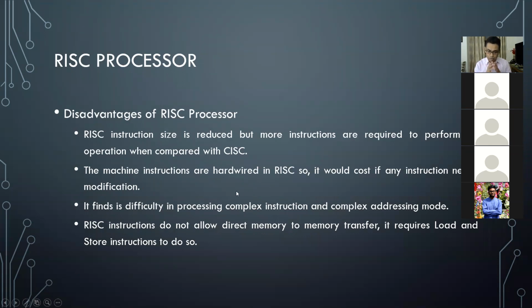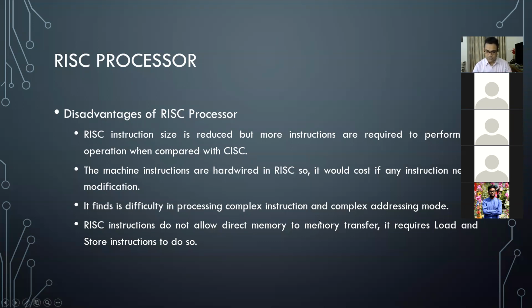That means the code is actually integrated with the hardware. So if you want to change the instruction, you need a lot of effort to change it, because it's inside the hardware. Sometimes it is not possible. Sometimes more resources are required to change the RISC coding. So it's actually a problem.